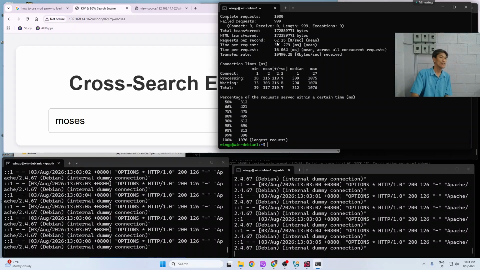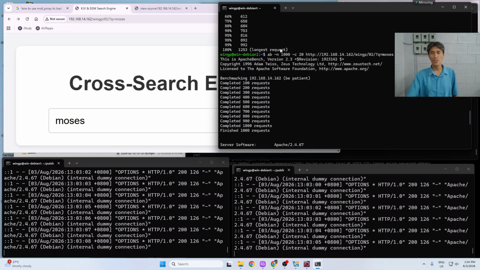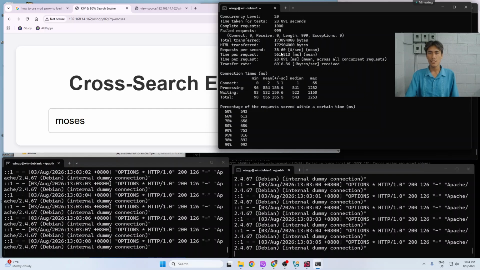If your XAMPP is slow, you have to copy your whole XAMPP to another computer. But with a VM, you just copy the VM to many computers, and you increase the transactions per second. The average time per request is 321 milliseconds with load balancing. Without load balancing, it is 561 milliseconds.